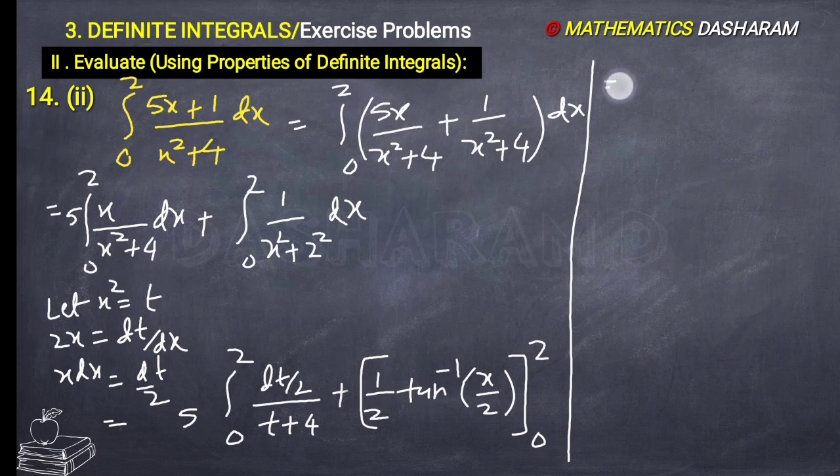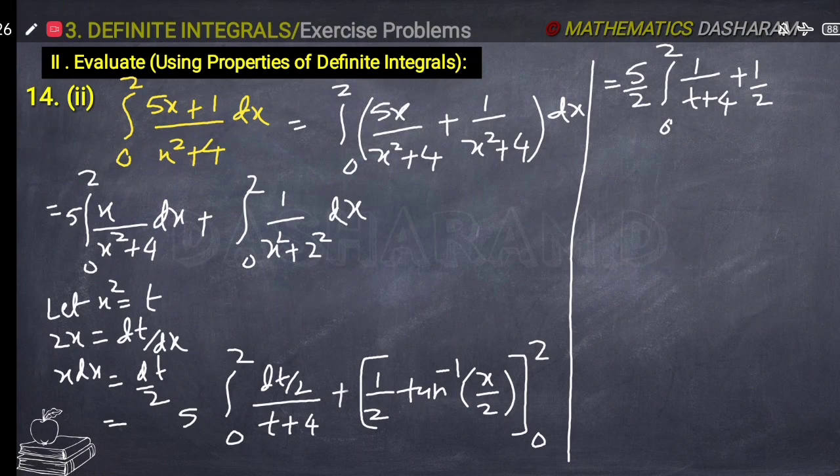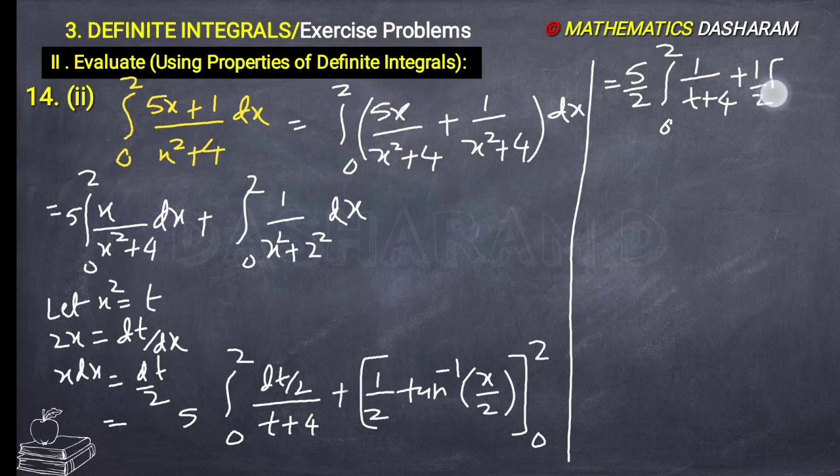Next, it is equal to 5 by 2 integration of 0 to 2 of 1 by t plus 4, plus, here 1 by 2 is a constant, so write it outside the bracket, tan inverse x by 2.